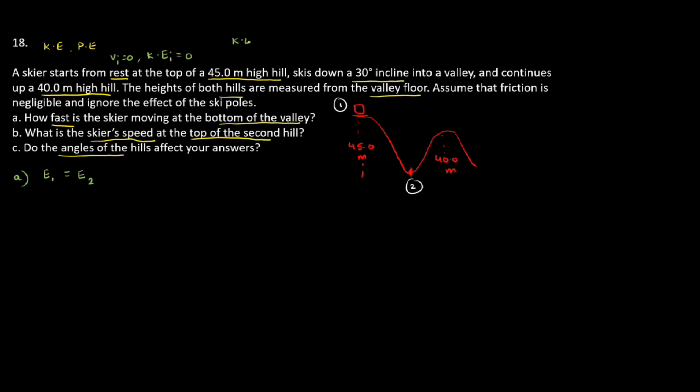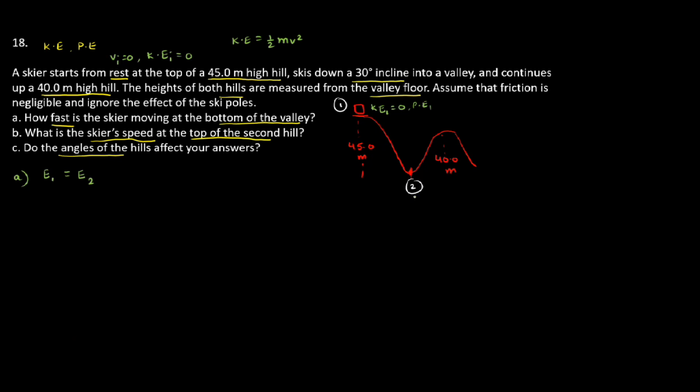Kinetic energy is equal to half mv squared. So at any point, if the speed or velocity is 0, kinetic energy at that point must also be 0. So kinetic energy here, K1, is 0. But the skier will have potential energy at this point.